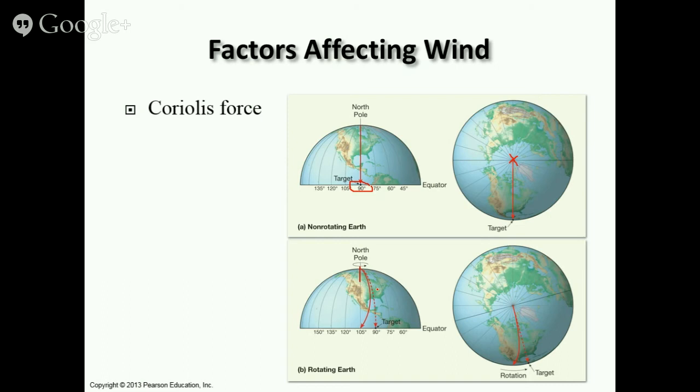So what if we didn't? What if we just talked about this with a non-mechanized flight and said we had an air mass that's moving from here and it's moving south? It will be deflected to the right. And as I look at this, it looks like it's deflected to the left. But remember, I'm traveling from the North Pole. So put yourself at the North Pole and walk south. That means that our deflection would be to the right, as our planet had a rotation in a counterclockwise fashion.